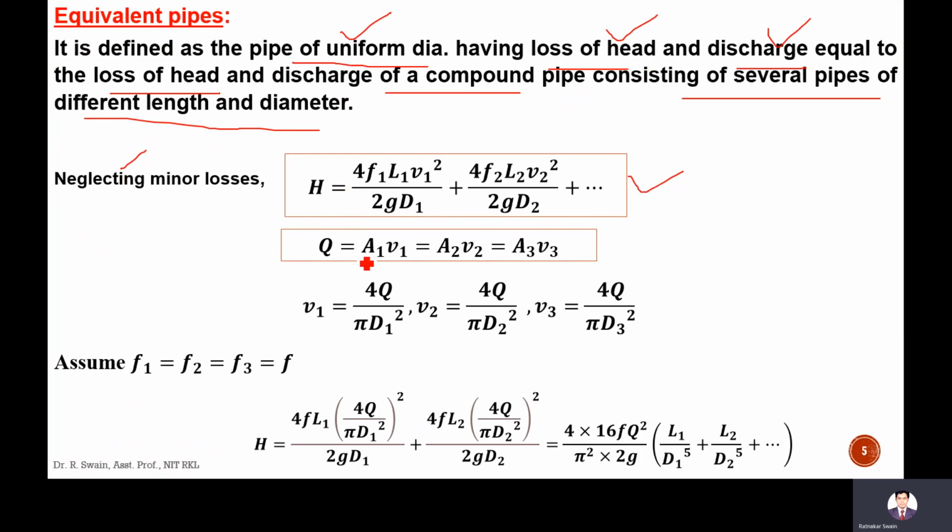The discharge of this equivalent pipe will be equal to A1 V1 equal to A2 V2 equal to A3 V3, because Q1, Q2, Q3 all remain the same. So V1 will be equal to 4Q by pi D1 square, V2 will be equal to 4Q by pi D2 square, V3 will be equal to 4Q by pi D3 square. From this, it can be calculated.